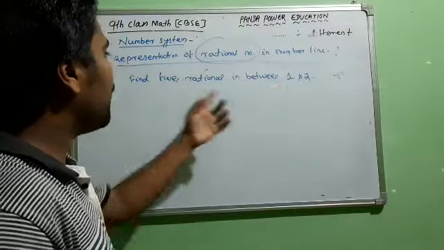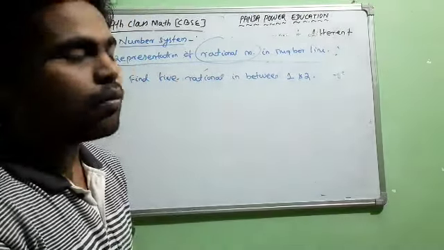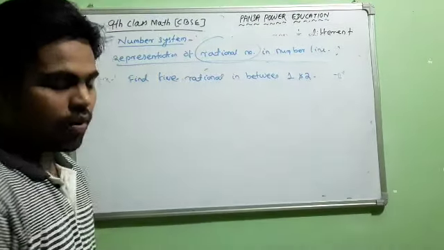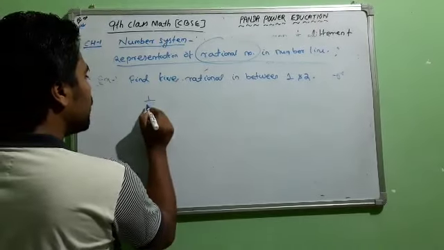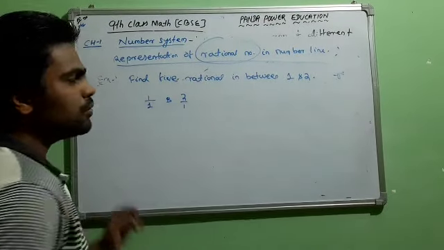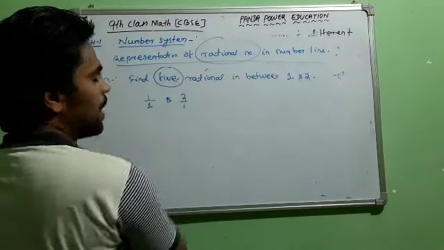So how can I find 5 rational numbers in between 1 and 2? We make them in fraction form. 1 is 1 by 1 and 2 is 2 by 1. Yes or no? Now it is given that we need 5.